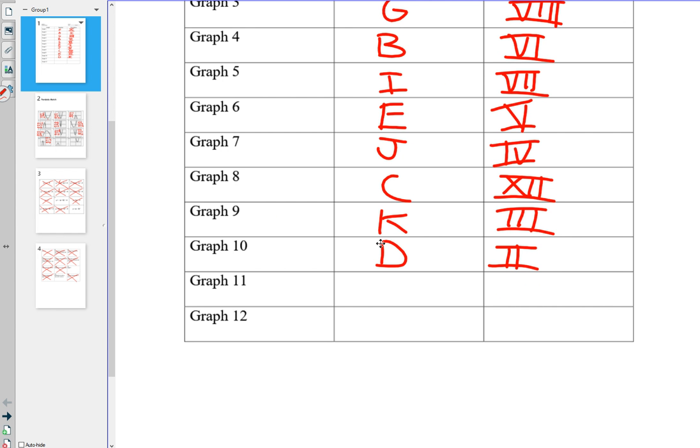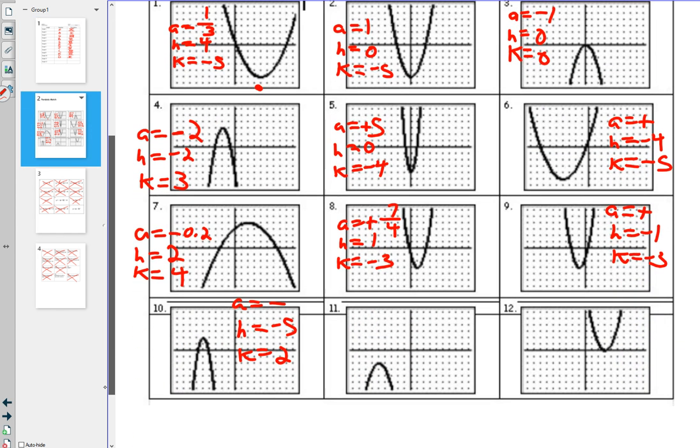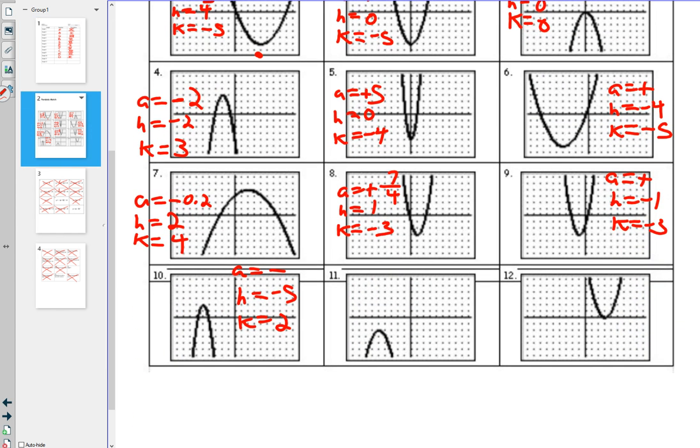2 left. This one here, it's hard to tell because it's small, but there's not a lot of it inside the viewing window. But this one doesn't really look stretched or compressed. It might be, never know. But we can tell it's facing down, so A is negative. And then 1, 2, 3, 4, 5 to the left, and then 2 down.